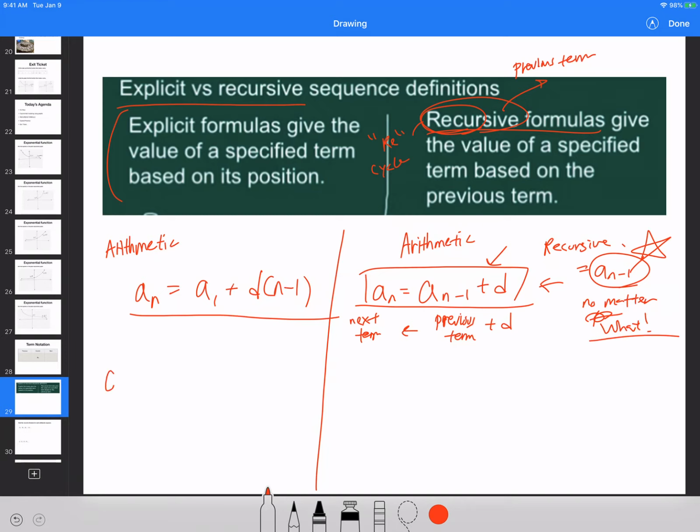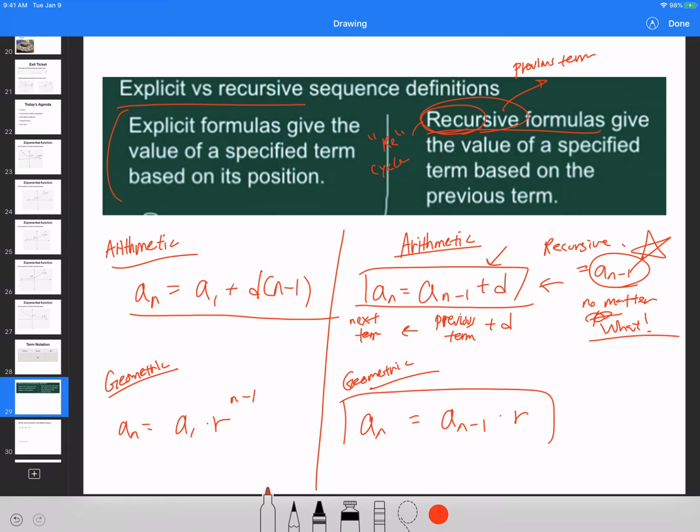So for geometric, let's go over. The explicit formula will be a sub n is equal to a sub 1 times r to the n minus 1. For the recursive, simply take the previous term, and what do we do with it? We multiply by the common ratio r, and that's it.